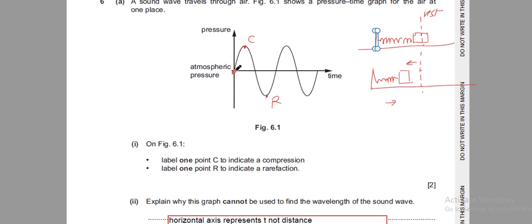So the peak here represents compression, and when it reaches the rest again, the compression ends and the mass starts to move to the right, where the spring is stretched and continues to the right until it reaches the maximum stretching. So this is represented by the trough.